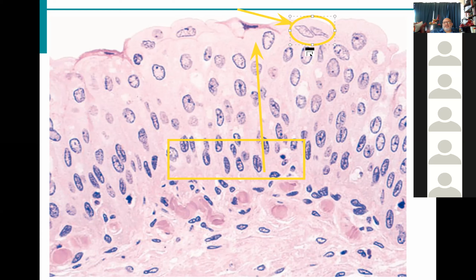You are looking at a transitional epithelial tissue. Transitional epithelial tissues are the only epithelial tissues that will have these double-nuclei cells on the apical surface. Why it occurs occasionally is not understood, but it is something histologically that is consistently found. So if you see it, you know it's a dead giveaway. You are looking at a transitional epithelial tissue.